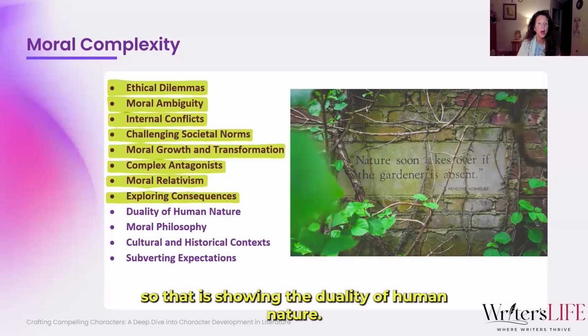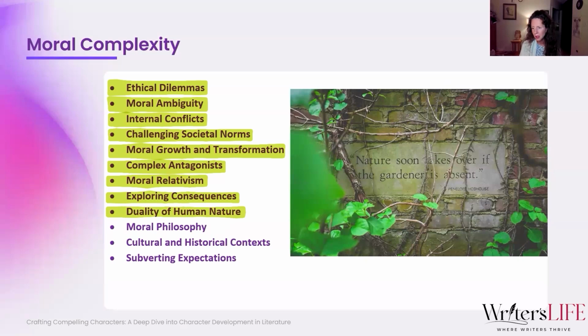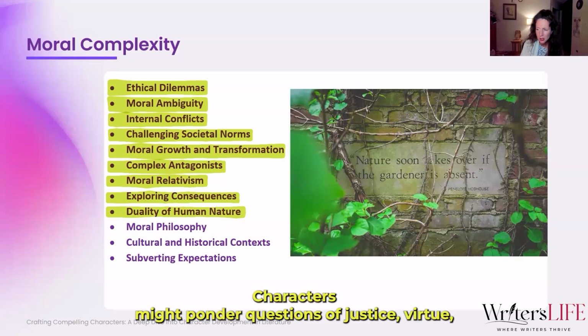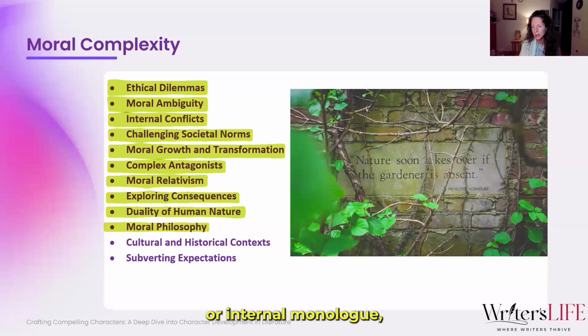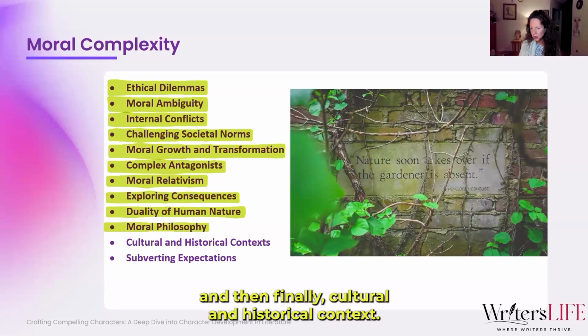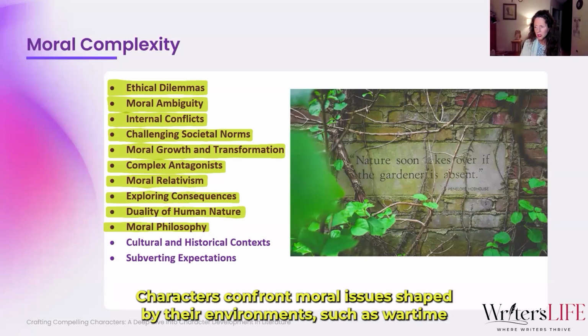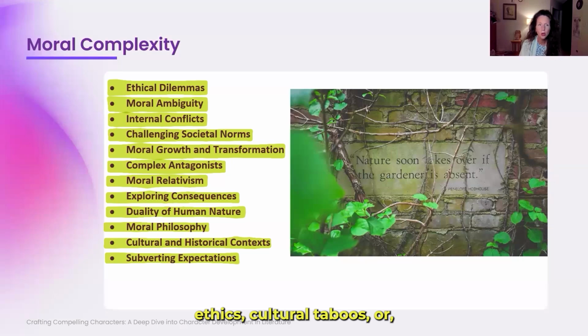So that is showing the duality of human nature. Characters might ponder questions of justice, virtue, or the nature of good and evil through dialogue or internal monologue. And then finally, cultural and historical context. Characters confront moral issues shaped by their environment, such as wartime ethics, cultural taboos, or ways that basically defy typical moral judgments.